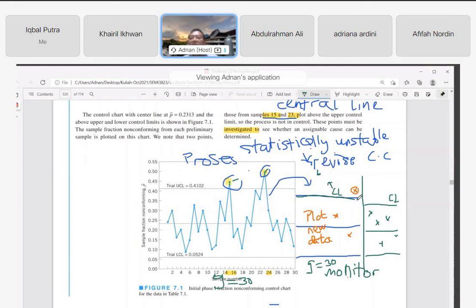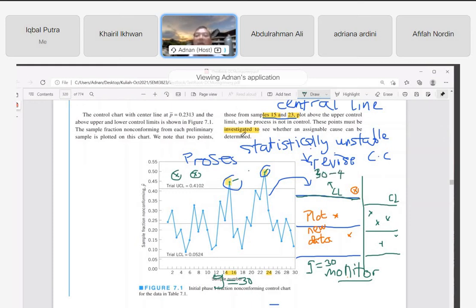You need to use this control limit for future monitoring, because we need a control limit for monitoring the next process. Let's say there are 3, or 2 more, maybe 4 outside. Then this control limit will be based on 30 minus 4.